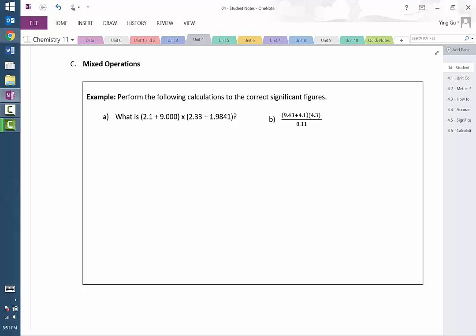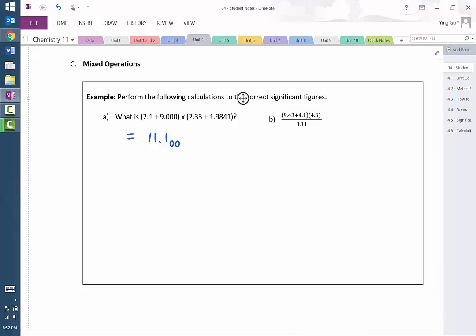When we add 2.1 to 9.000, we get 11.1. The zeros at the end here, I'm going to keep those in there because I want to be accurate with my calculation. I want to carry those through because I'm not actually finished with my calculation.